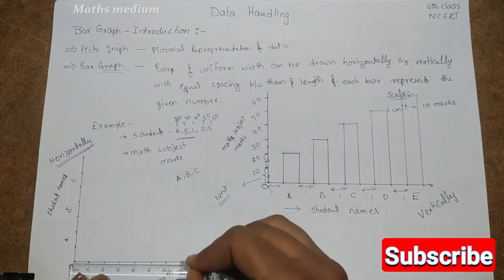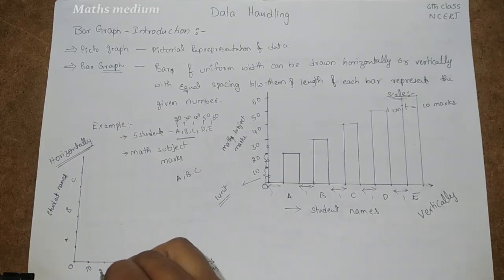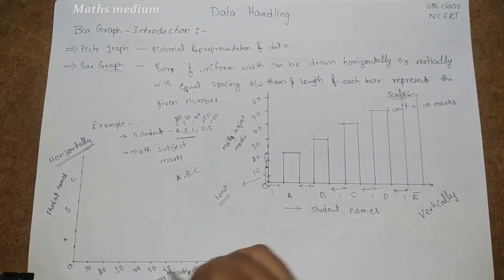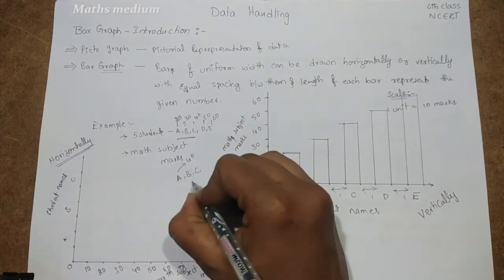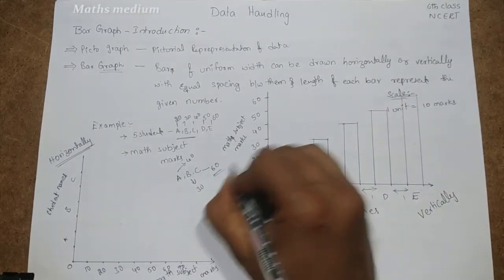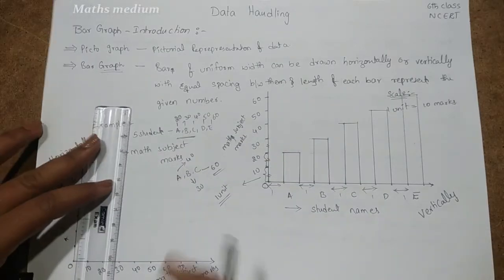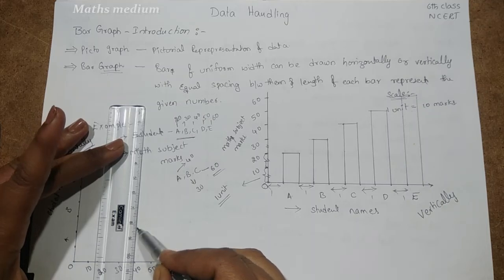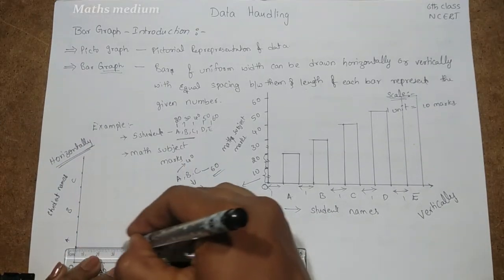Now this is 10, 20, 30, 40, 50, 60, 70. For a change, I am taking A having 40 marks, B having 30, C having 60 marks. Then how are we going to represent it? This is A having 40, right? Make an invisible small line and extend it along the A line. Similarly B has 30.